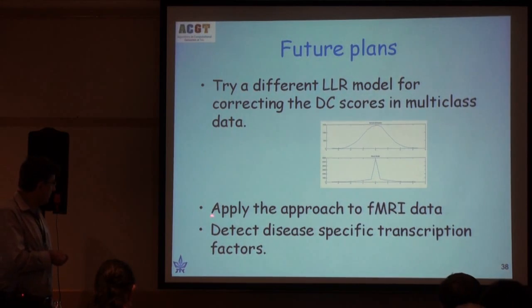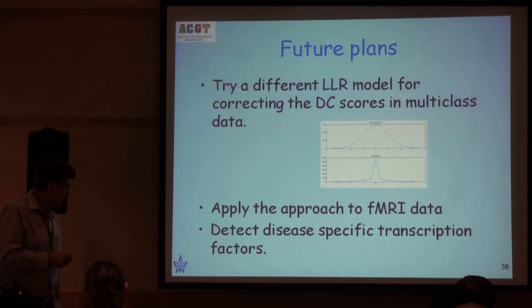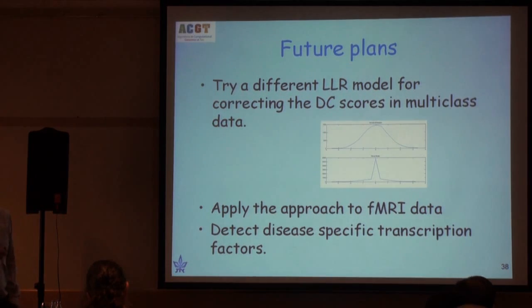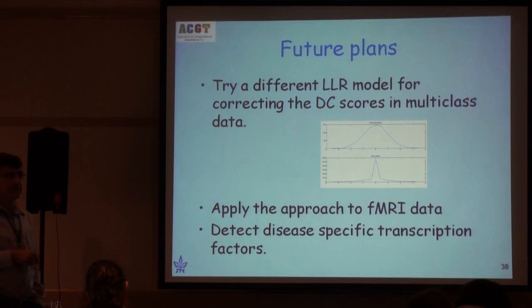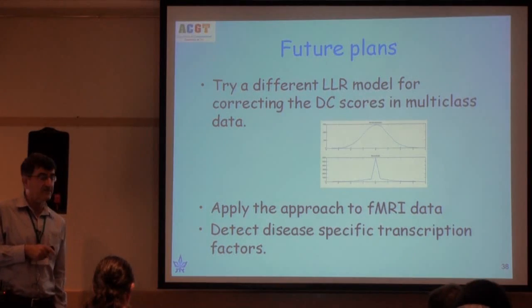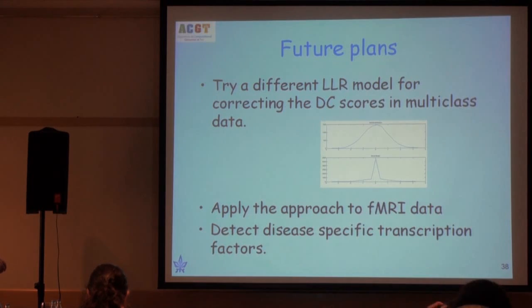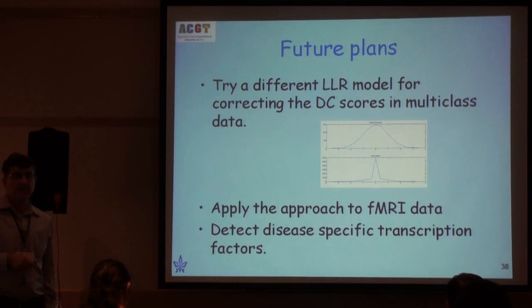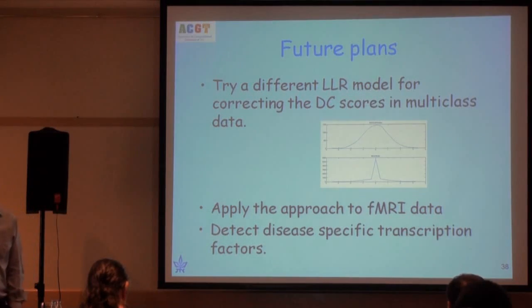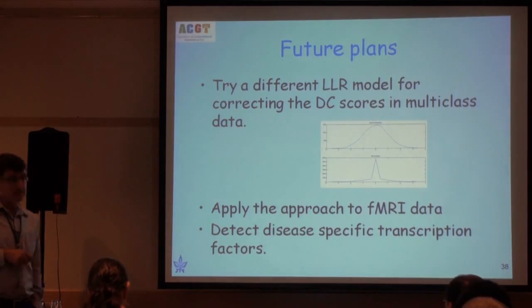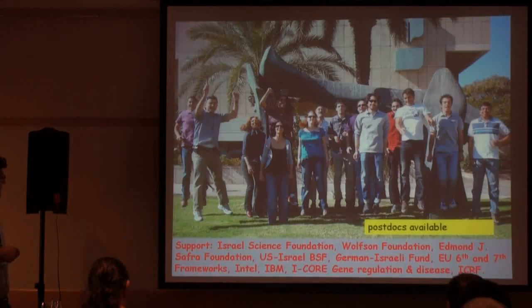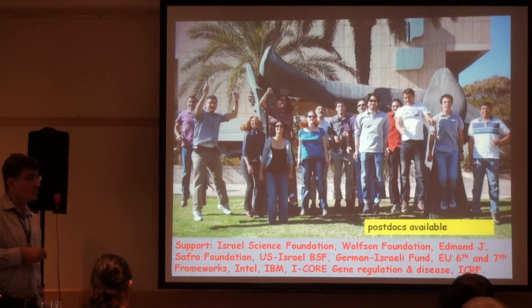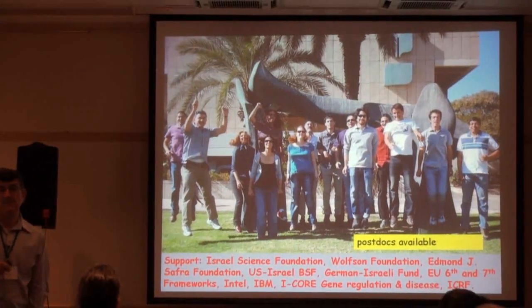We have a parallel project together with the brain research unit at one of the hospitals in Israel, and it's nice to see that many of the tricks of gene expression can also be applied to fMRI data, functional MRI data, and we intend to apply this method as well. Our focus was on microRNAs, and we want to expand the analysis to look at transcription factors as well. Finally, let me thank my group and my funding sources. Thank you very much.